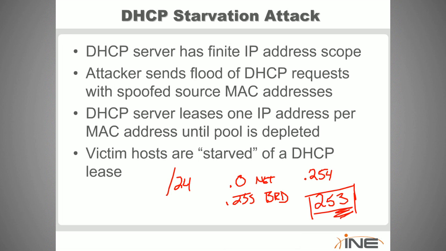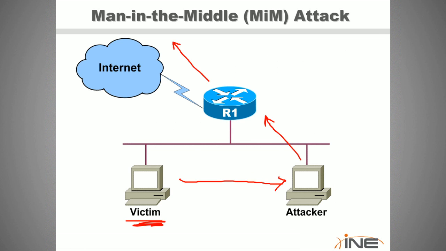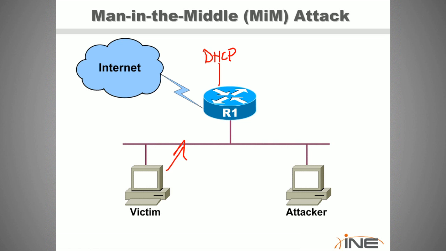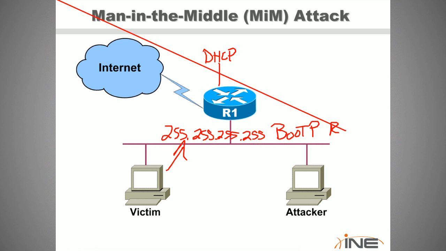Now, if we look at this from the perspective of this diagram, let's assume that somewhere beyond router 1, we have our DHCP server. Normally, what's going to be happening is that the hosts on the LAN are going to send out broadcasts. They're going to the all 255 address. And this is going to be a boot request.